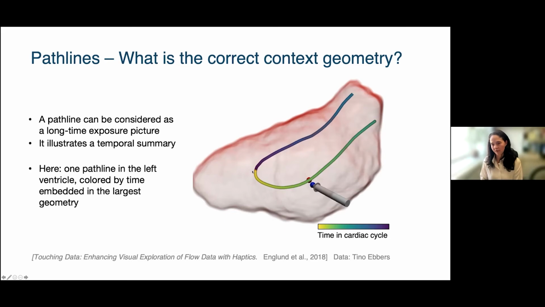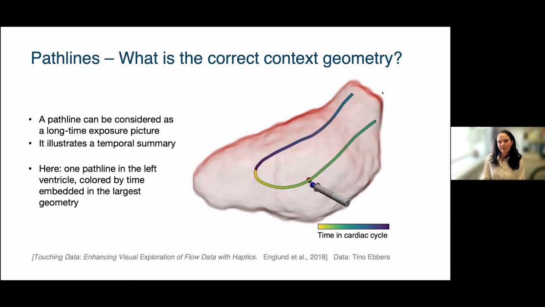So therefore you have this discontinuity in the color here. But what this tells you is that every point on this line refers to a different point in time. So this is really a temporal summary that you see here. In reality, you would never see something like that, except if you have something like this long time exposure, but this is really a summary representation.